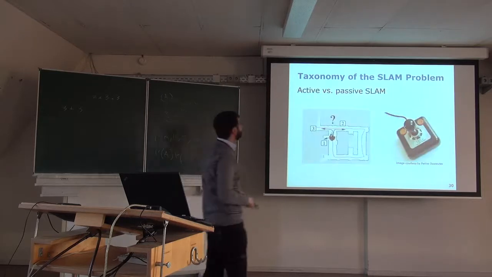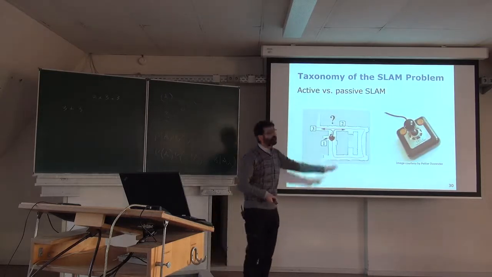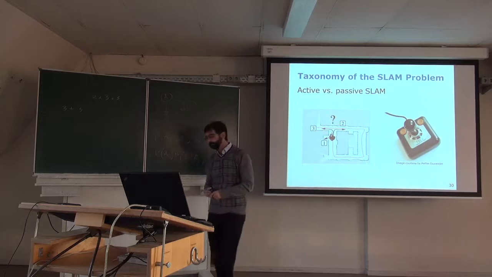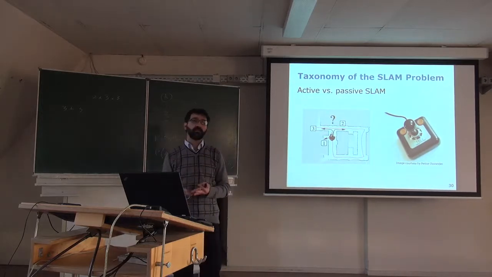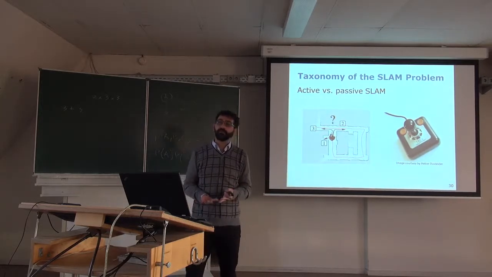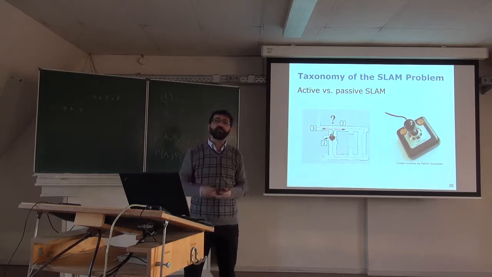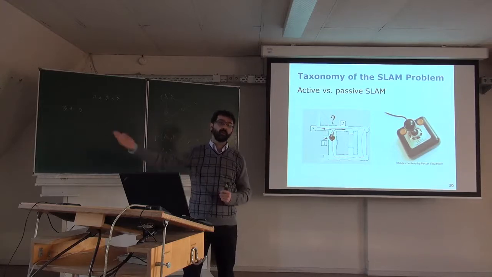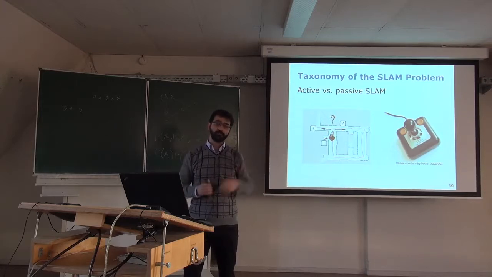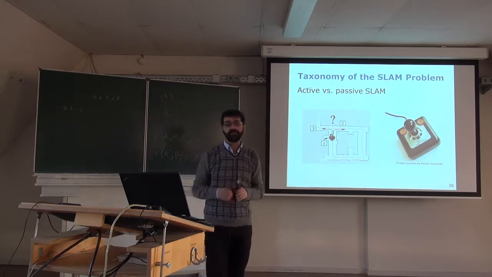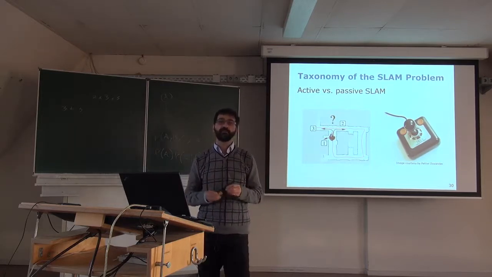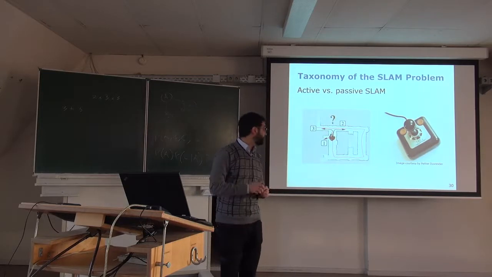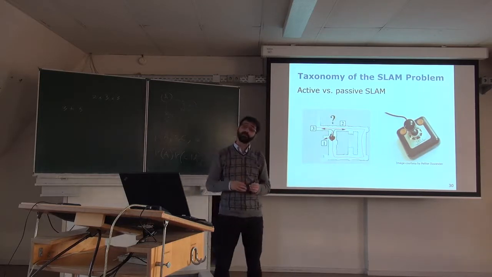Another difference is if you do active or passive SLAM. By passive, we mean someone is moving the robot around, and that person is deciding where the robot has to go, and the robot just collects the data and tells, this is the world, and this is where I am. Active means that the robot is not steered by anybody, and is making its own decisions on where to go.